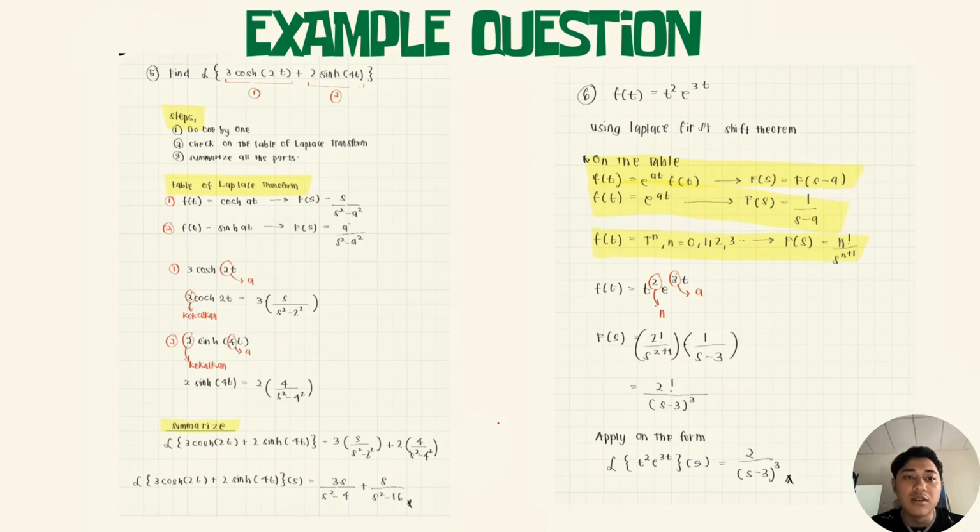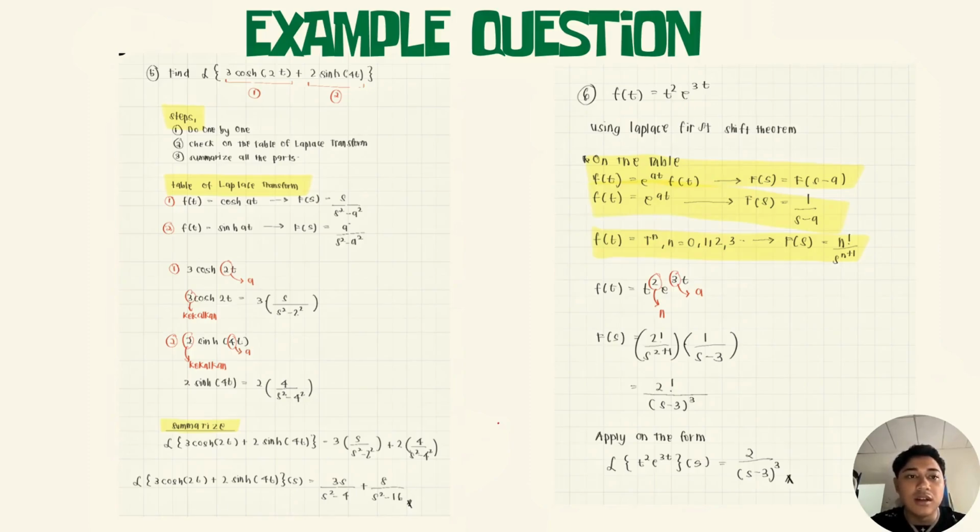Step 2, check the table of Laplace transform. The Laplace transforms we can use are cosh at and sinh at, since the equation has both sinh and cosh, which are hyperbolic. After checking the table, we can identify a for both parts and include a in the equation.